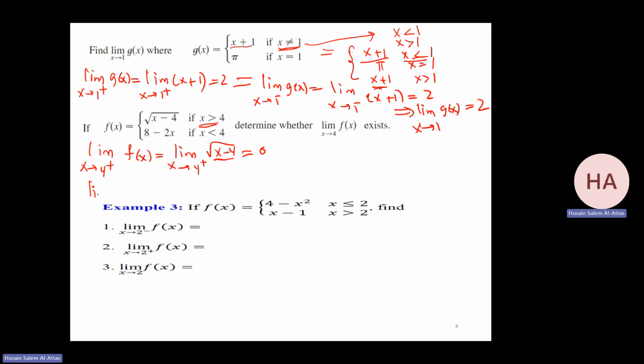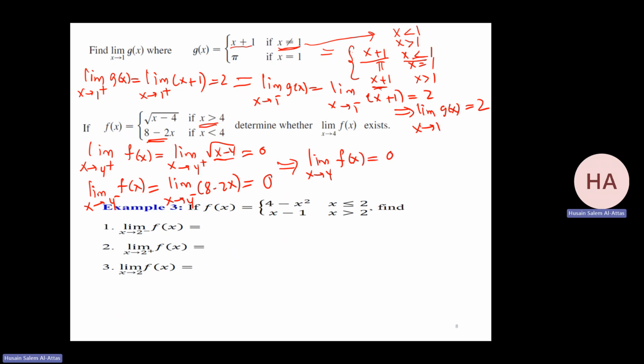What is the limit as it goes to 4 from the left of this function? From the left, I'll take this: the limit as x goes to 4 from the left of 8 minus 2x. Just a linear function, just substitute. 8 minus 8, that will be 0 also. Both are the same. So that means the limit as x goes to 4 of f of x equals 0.